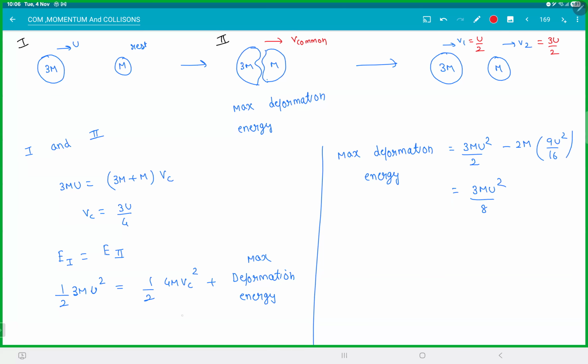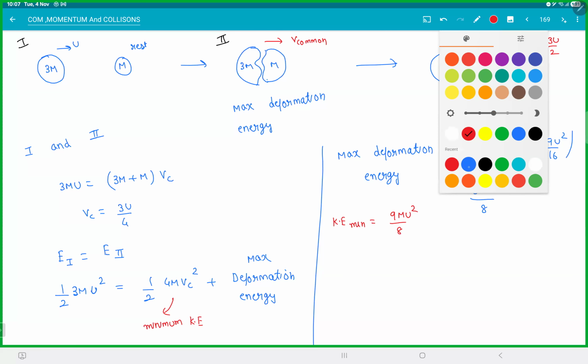And during this process, this is your minimum kinetic energy. So the kinetic energy actually becomes minimum there. Right? So the kinetic energy minimum is how much? The kinetic energy minimum is 9mu square by 8.